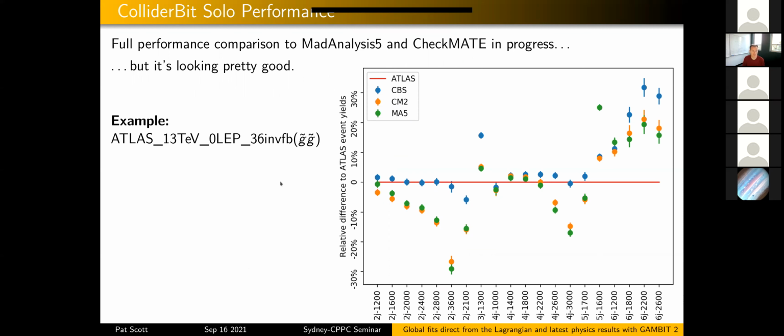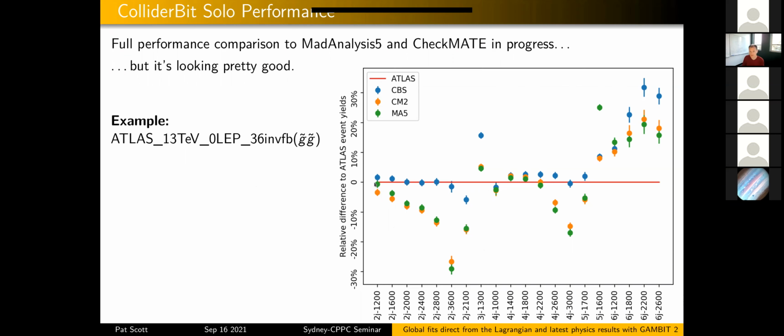This is just one example, for a gluino search. This is the ATLAS zero-lepton search at 36 inverse femtobarn. What I'm plotting is the percentage difference between the predicted number of events for some cut flows that have been given by ATLAS, using the three different tools.